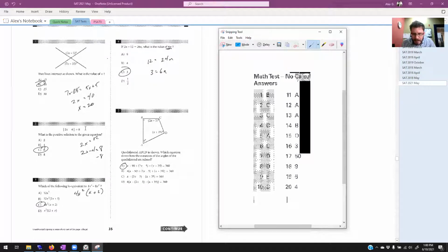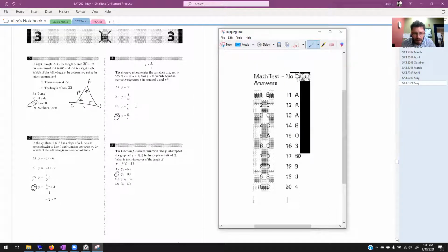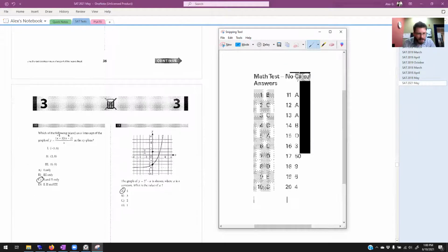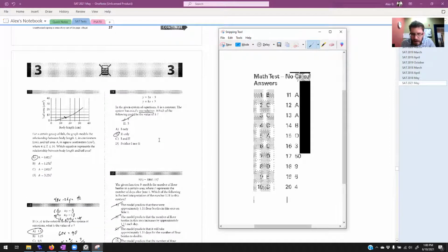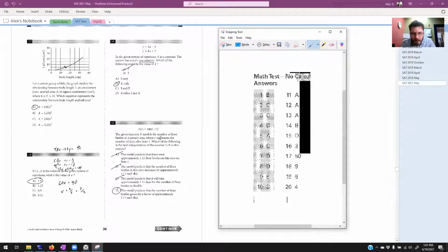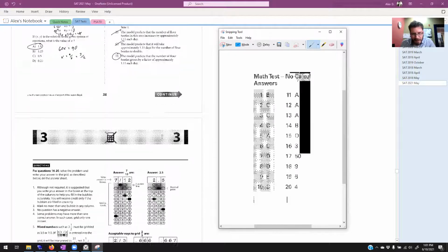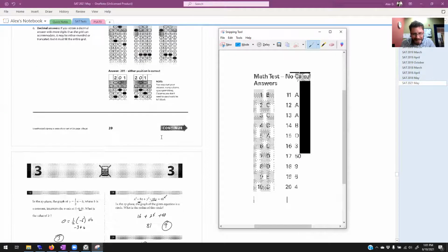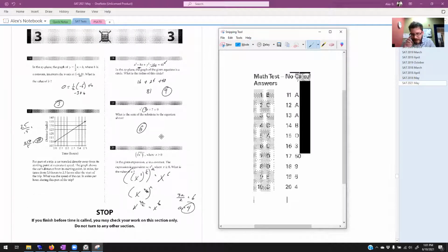B, C, C, C. 5 is A, it looks like. 6, C, 7, D, D. Number 9 looks like it's a B. Number 10, C. 11, A. 12, A. 13, A. 14, B. 15, D, I think. I can't really read that. I think it's a D. 16, 3. 17, 50, 18, 9, 6, and 4.